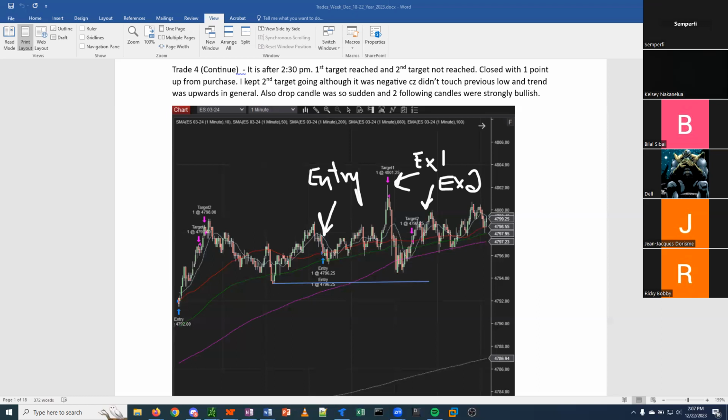Once you get the 10/50 cross and you got that play right, you enter at the 50, and then you see the 50 crossing the 100, you're like, oh, it's going to continue going. So it's either going to help you stay in the trade longer, or help you get out of the trade, or help you get in a second trade.